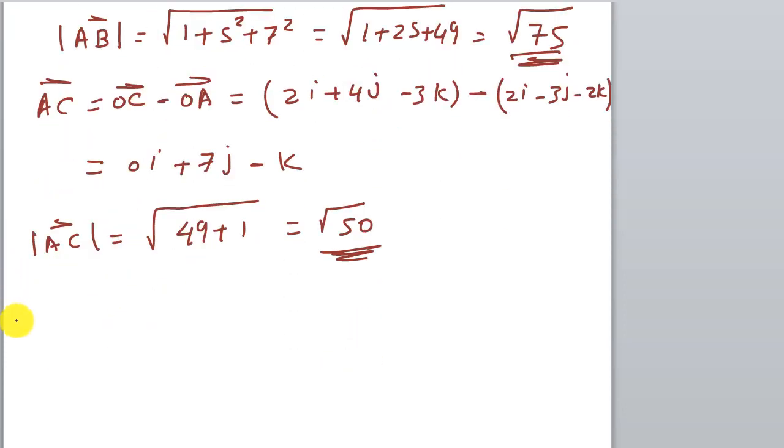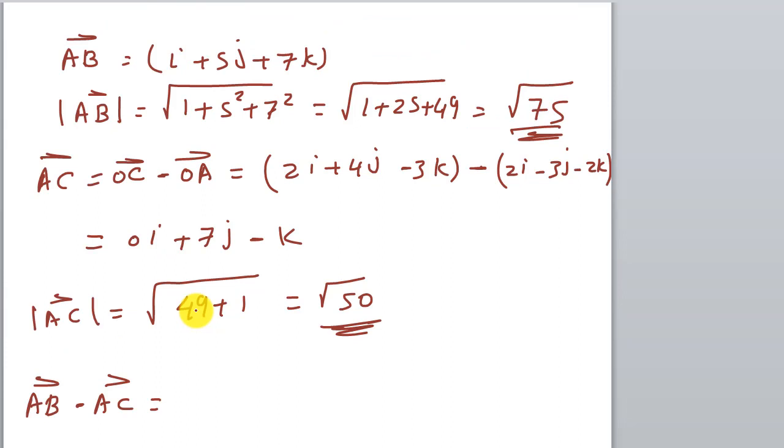Now AB dot AC is equal to 1 multiplied by 0 equal to 0, plus 5 multiplied by 7, plus 7 multiplied by minus 1.